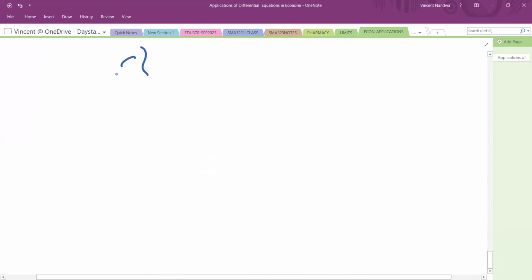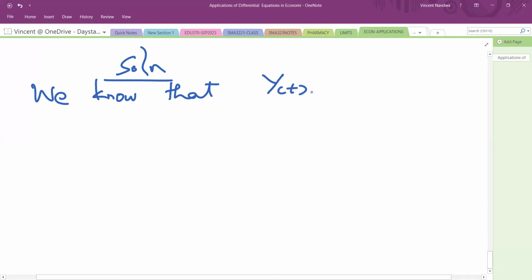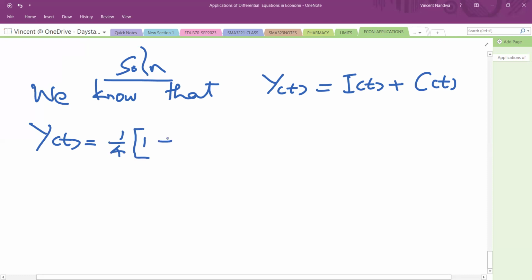So solution. We have been told that the income is given by Y equals I plus C, or C plus I. So Y is going to be C plus I. The I function is given by 1/4 into 1 plus 3Y of t minus 4Y double prime of t.